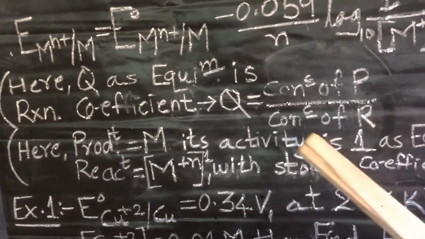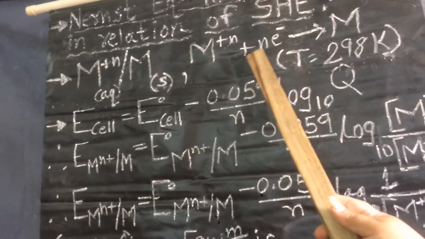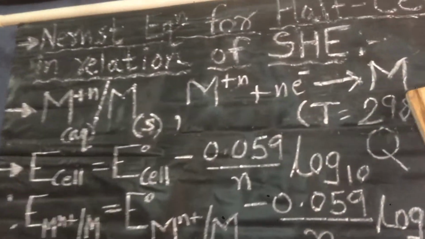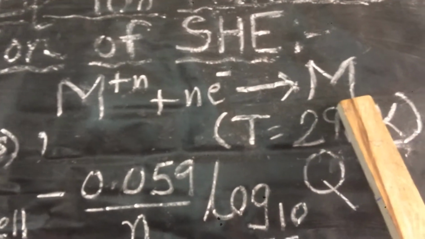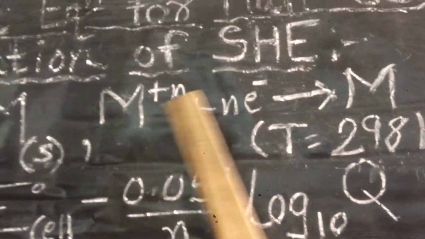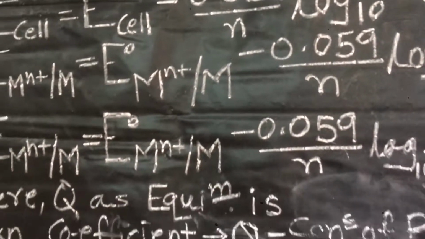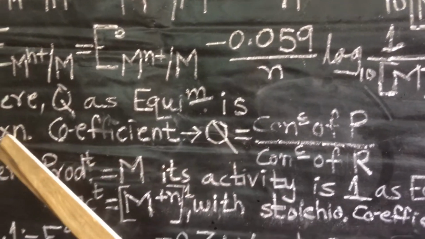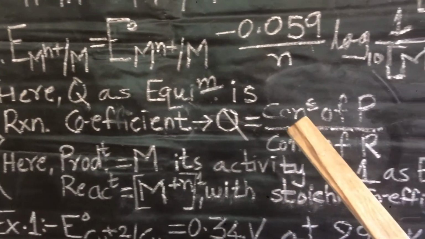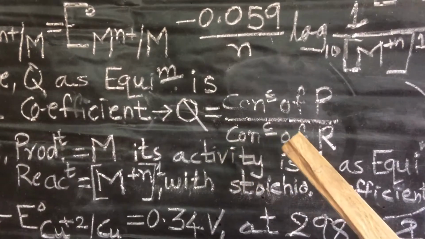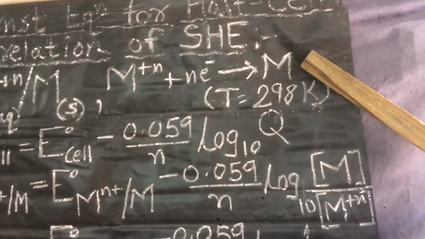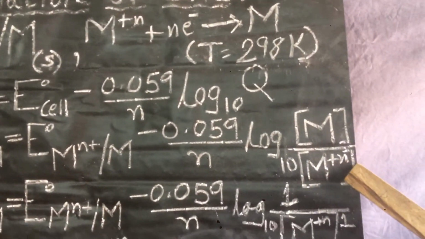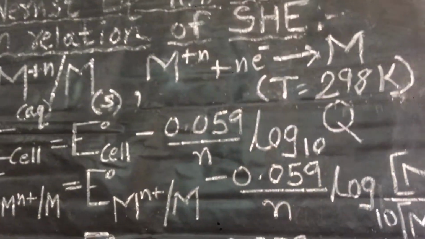Now look again at this reaction. This is our reactant, left hand side. This is our product, right hand side. Putting the values of reactant and product in the formula of reaction quotient Q, concentration of product upon concentration of reactant, we get M as the concentration of product and M^n+ as the concentration of reactant.